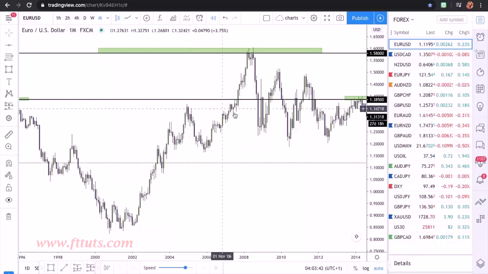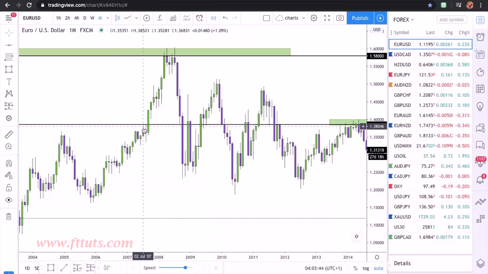This one didn't quite hit it, but that happens. It tried to go down, then went up, came up and tested that 158, then came down, came up, tried to trick buyers, but then closed below this. Then it came up, tested this price, came down, and tested this price again.